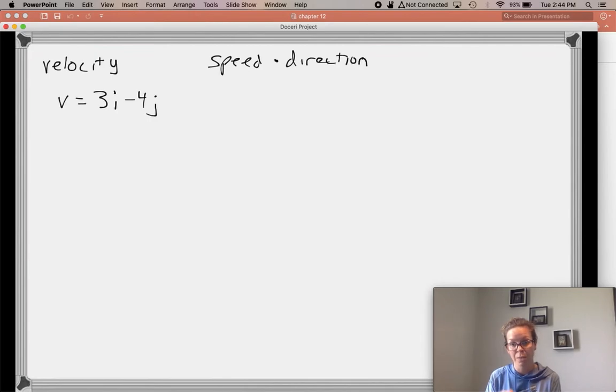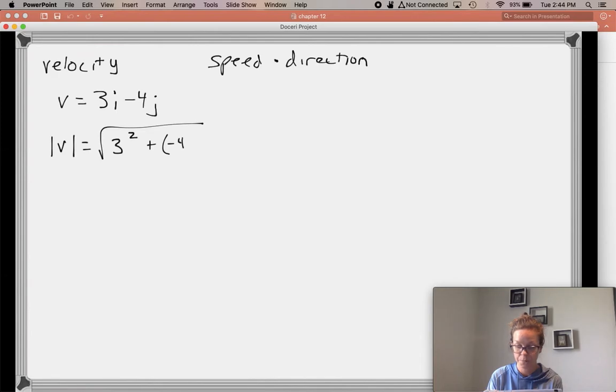Absolute value, we've been saying, is magnitude. So what we're going to do is take the magnitude of V. Well, magnitude is length, so we're going to find the length here. And that would be 9 plus 16, that's 25, and the square root of that's 5. So the speed, if this is a velocity vector, the speed is 5.